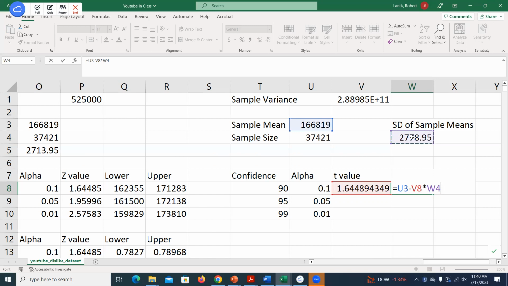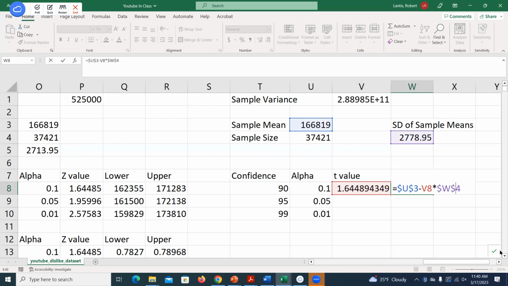So I'm going to freeze the cell reference for the sample mean and for the standard deviation of my sample means. Now when I copy this down, it only updates the t value, which is what I wanted. My upper bound equation is going to be this exact same thing, except what's the only thing that changes? Yeah, I add my margin of error.